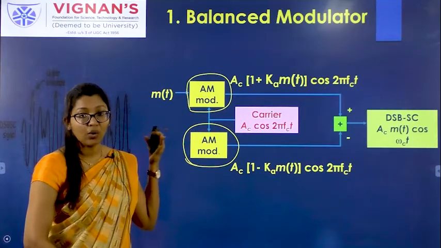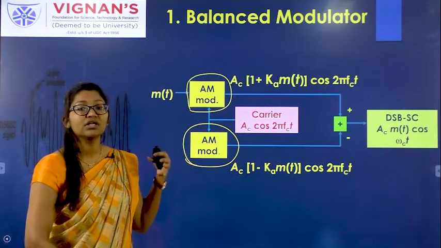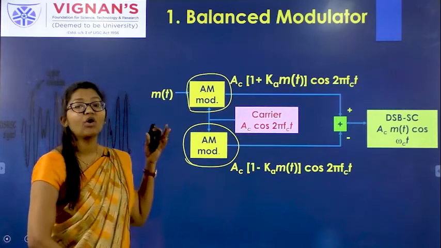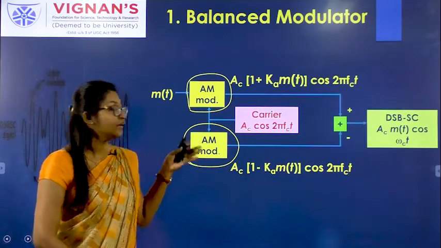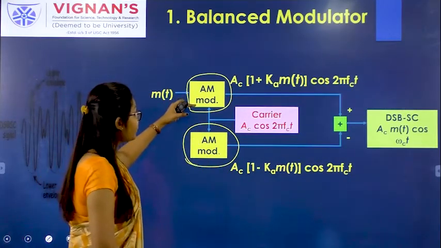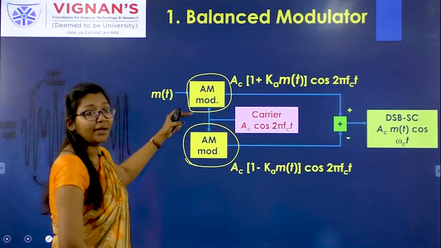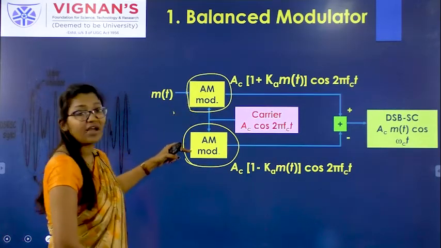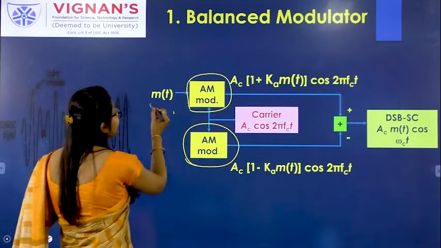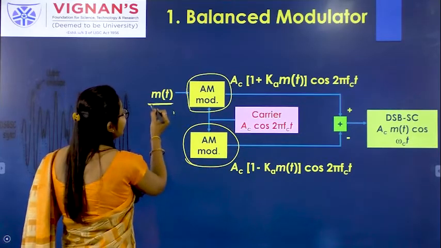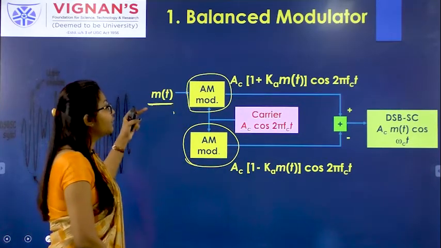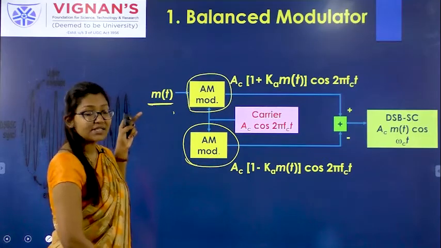How the AM modulator is generated, we have already seen in the first unit. Here we have taken two AM modulators, and this is the message signal which we are giving, that is m of t.